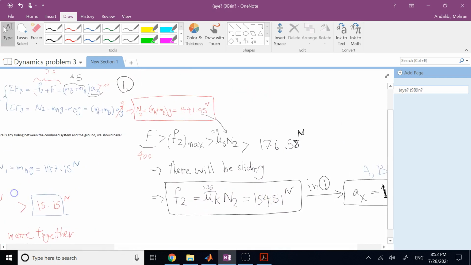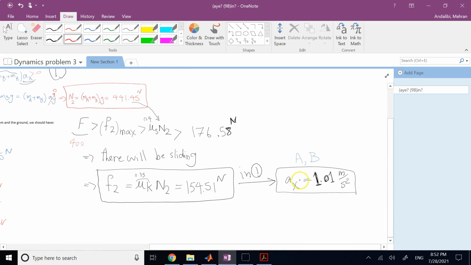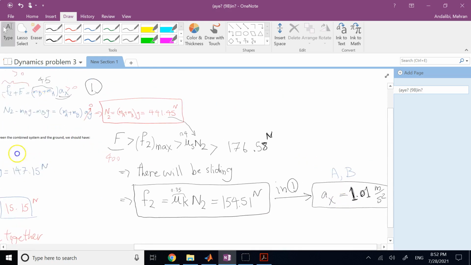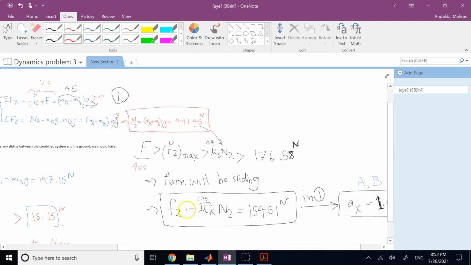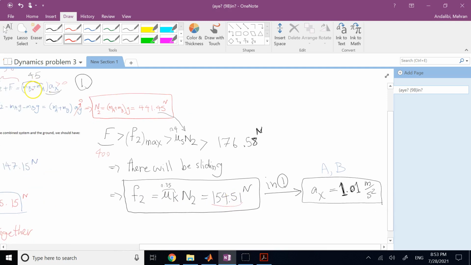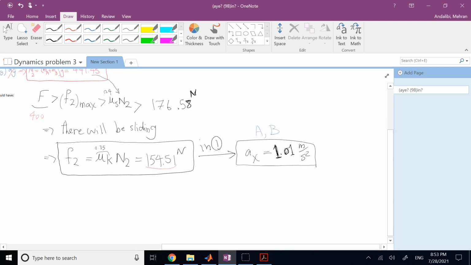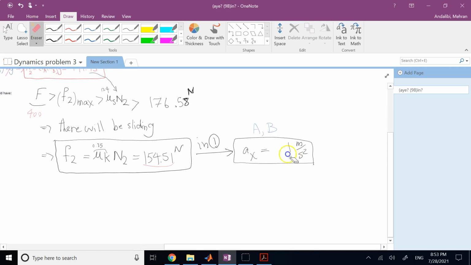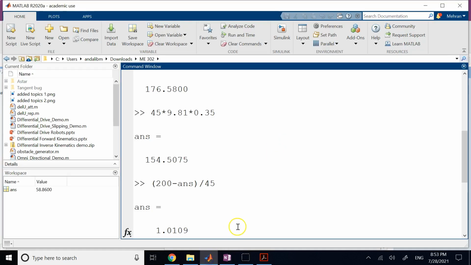What's the only difference? The only difference is a. A is this time the difference between 400 and this friction, not 200 and this friction. So you have to subtract this number from 400 and divide it by 45 kilograms to get a. So in this case, your a is going to be quite larger, right?